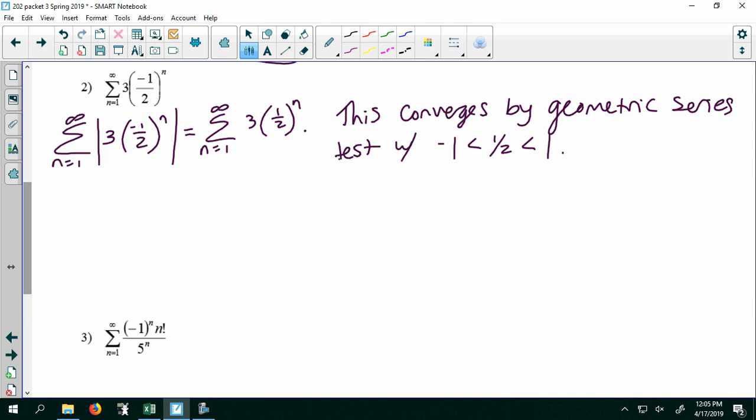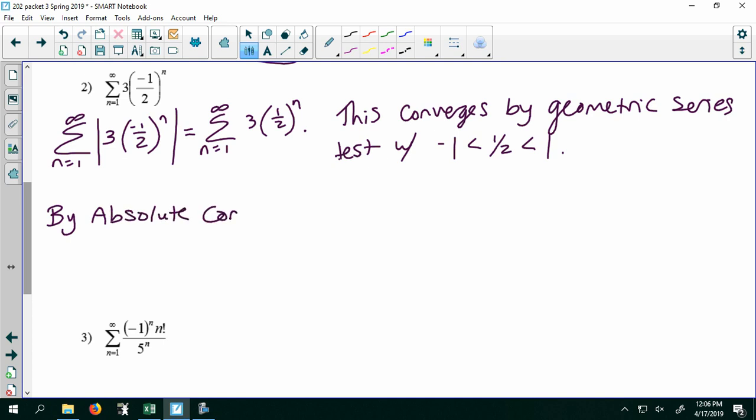So my series converges in absolute value, which means that the alternating version will also converge by the absolute convergence test. So this sum is absolutely convergent. Let me write this all down.